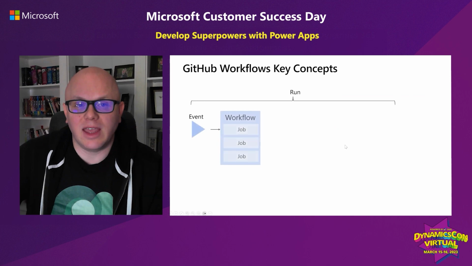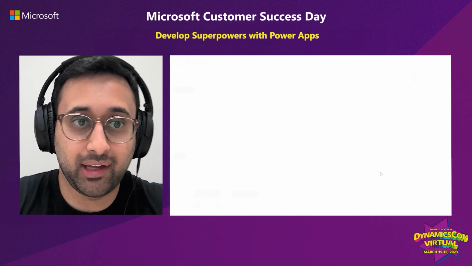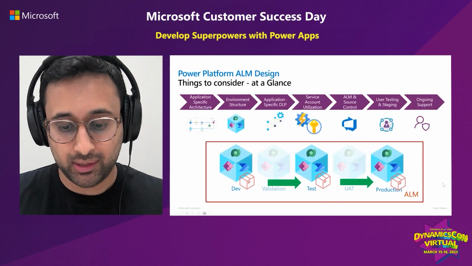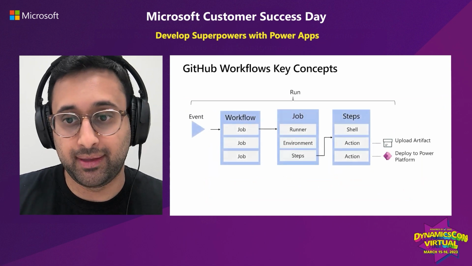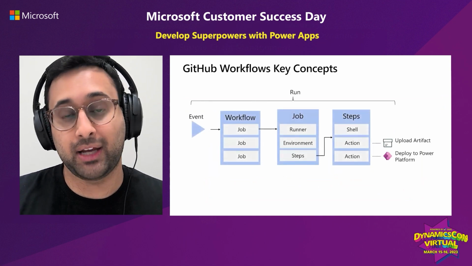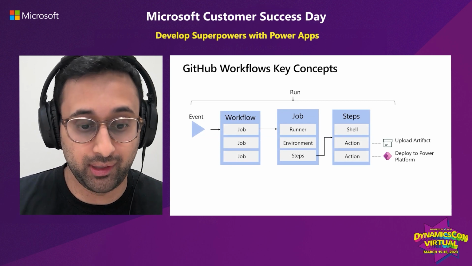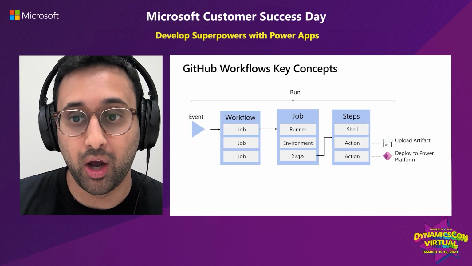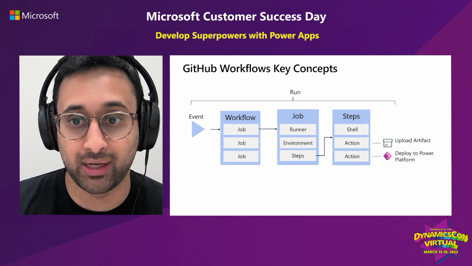Jay, do you want to talk about the GitHub workflows and the key concepts? Yeah, exactly. And this GitHub concept could even be extended to ADO as well. So Microsoft uses GitHub Actions or ADO pipelines. You can use these tools if you want very granular control over how solutions get moved throughout your environment.